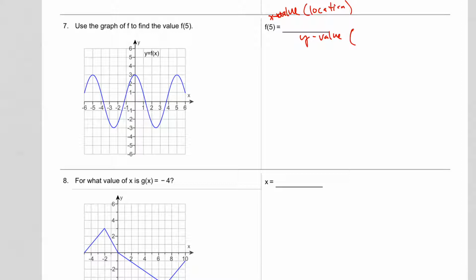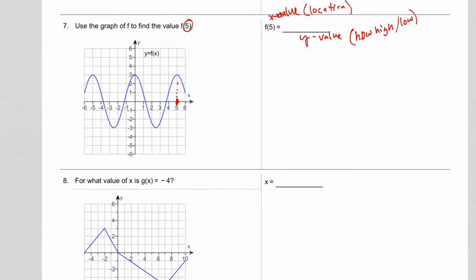Okay. All right, so let's go to the location of 5 for x, which is right there.